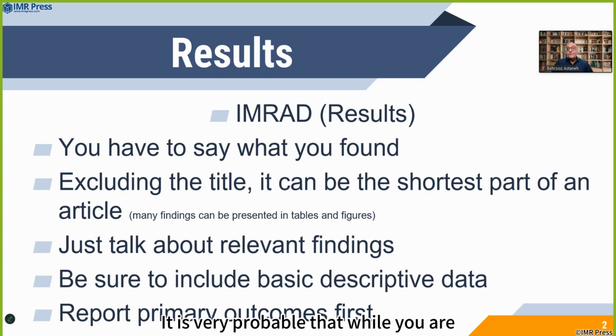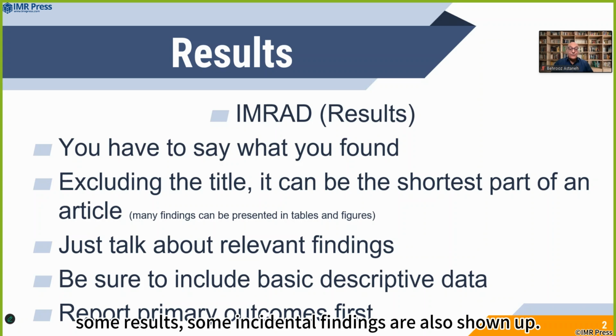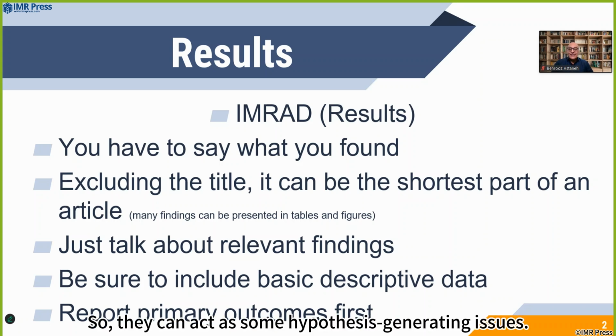It is very probable that while you are answering your research question and finding some results, some incidental findings also show up. These incidental findings haven't come from your research question, and you didn't aim to gather information about them. So they can act as hypothesis-generating issues.